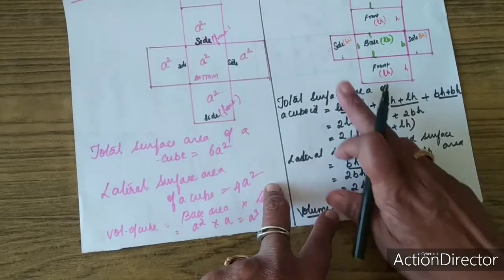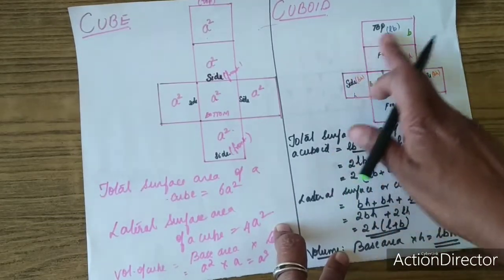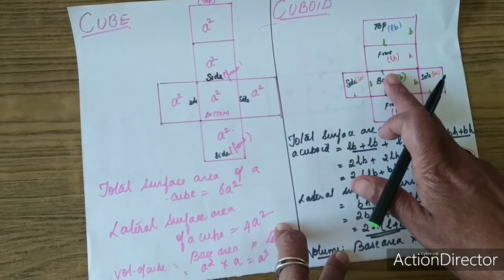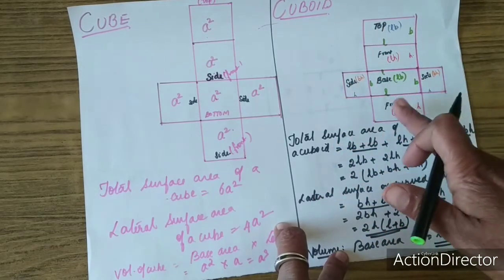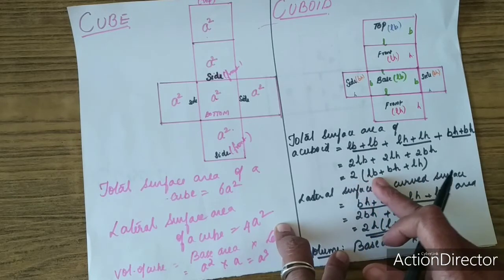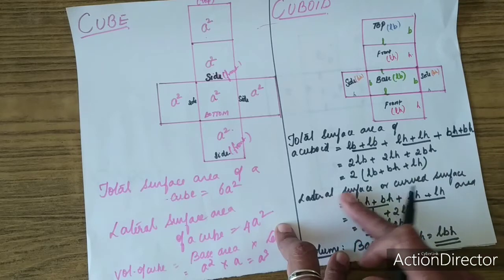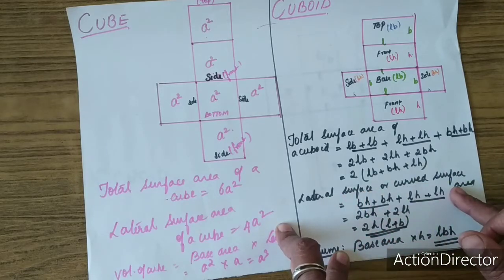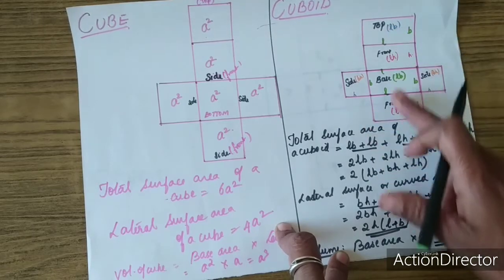So let us recap. The total surface area of the cuboid is the area of all the 6 faces. First add the bottom and the top face, next 2 side faces, next 2 front faces. So finally we get 2 into LB plus BH plus LH. Coming to the lateral surface area or curved surface area, we will exclude the base and the top.